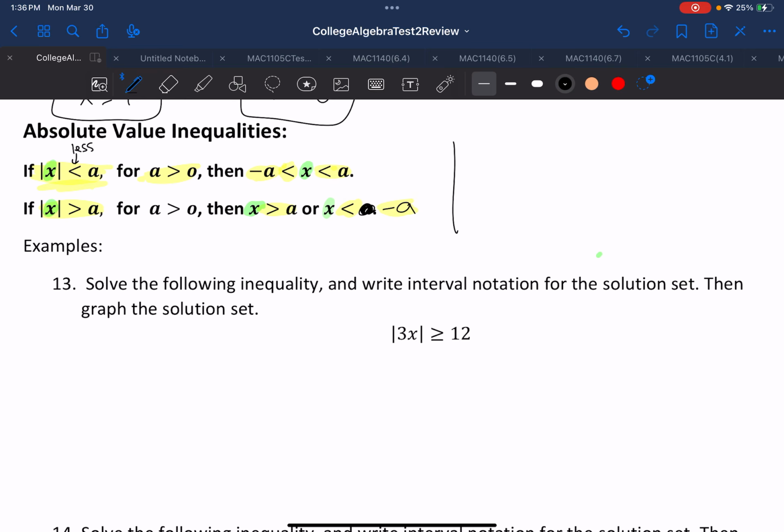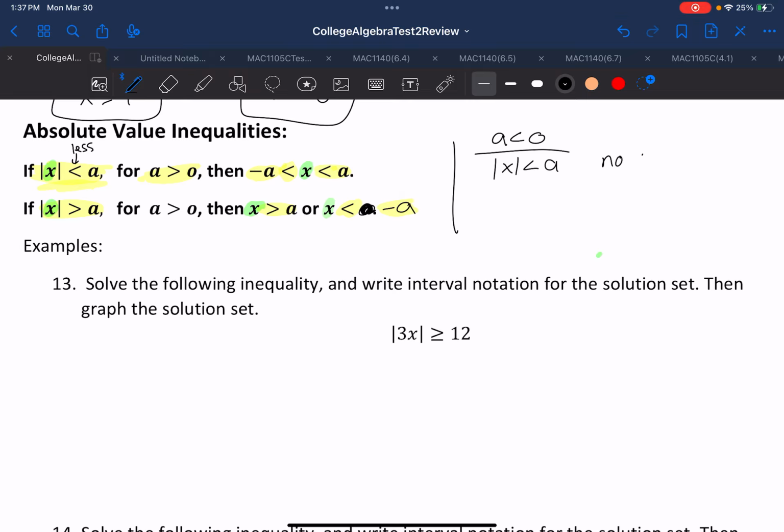And then I also gave you two more rules about this whenever a was a negative number. When a was less than 0, if the absolute value of x is less than a, this would be impossible because a would be negative, and there is not an absolute value of any number that's less than a negative because it makes it all positive.